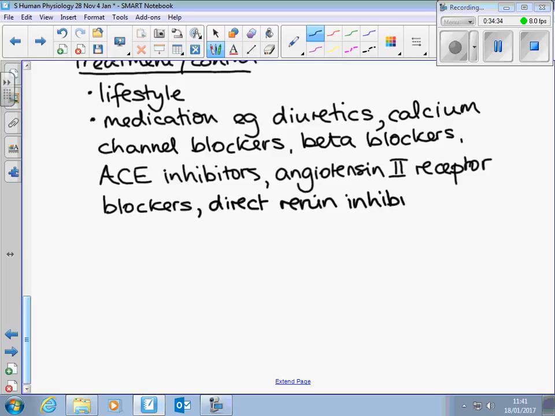I don't know anybody who's on those at the moment, but they interest me. There are other drugs as well, but that's 6 different classes of drug, and they mix and match between them, so it depends what works for people.